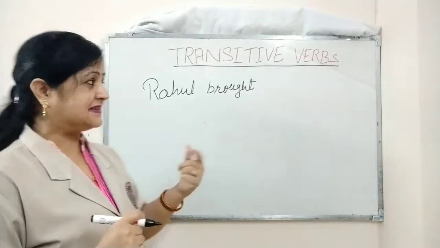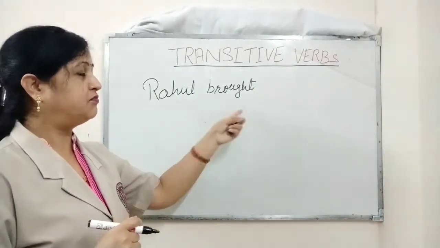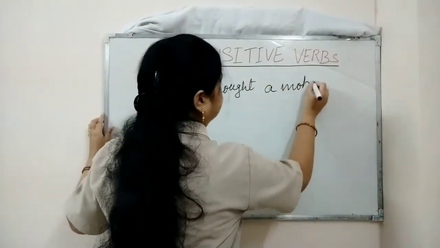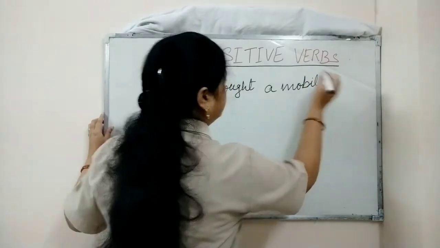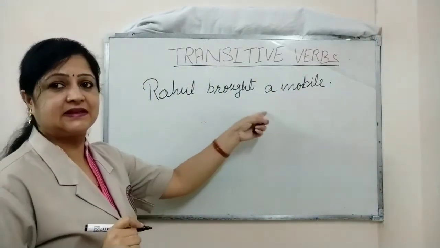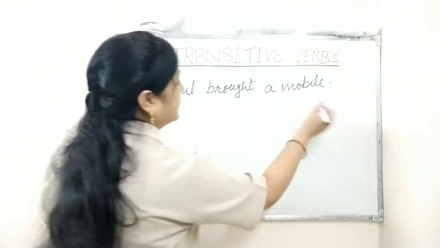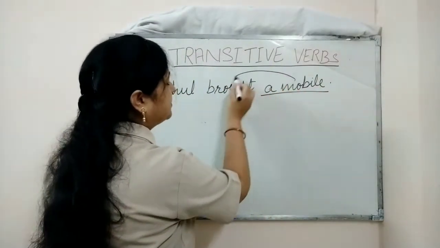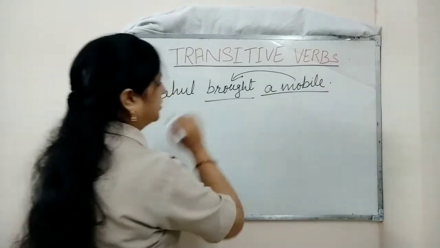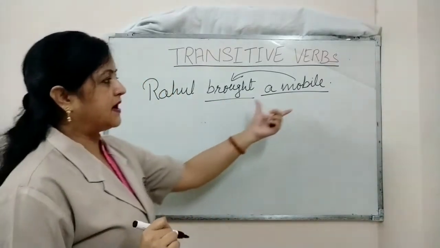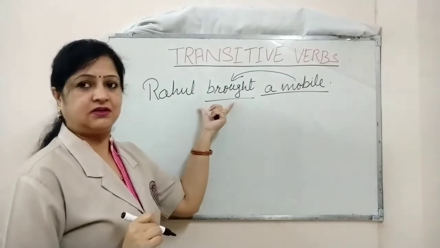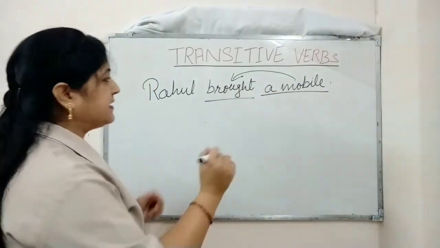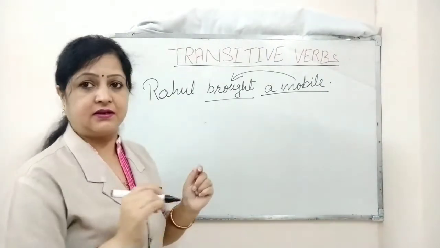Then I'll say Rahul brought a mobile. So in this sentence we can see that a mobile is the object of the verb brought, because a mobile has been brought.